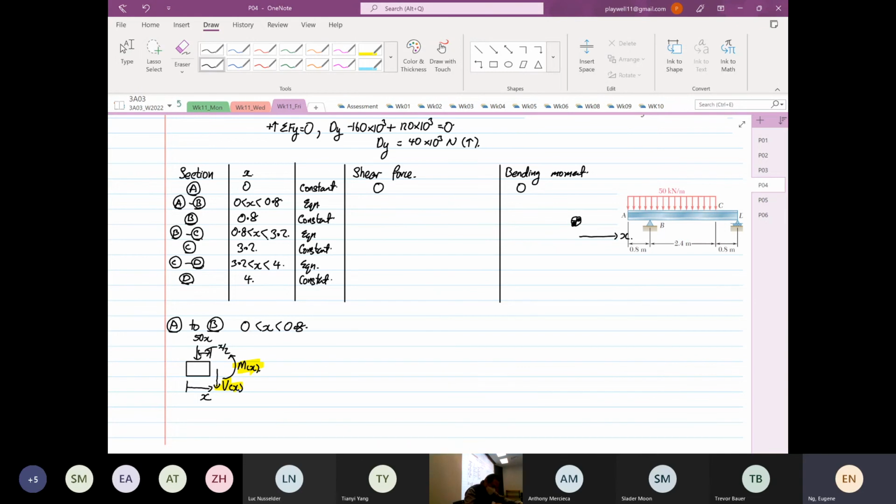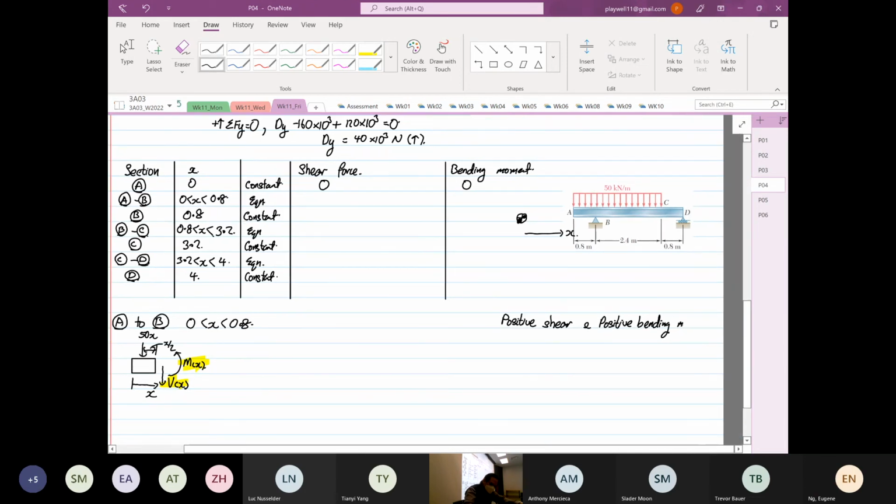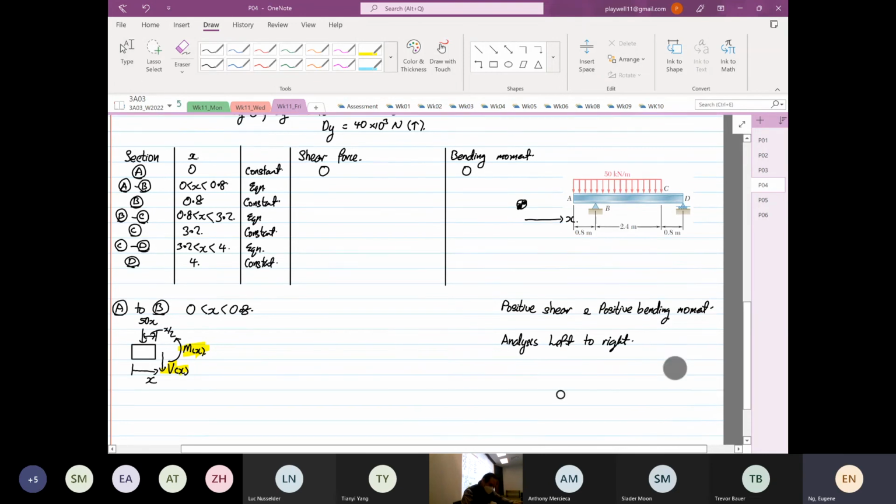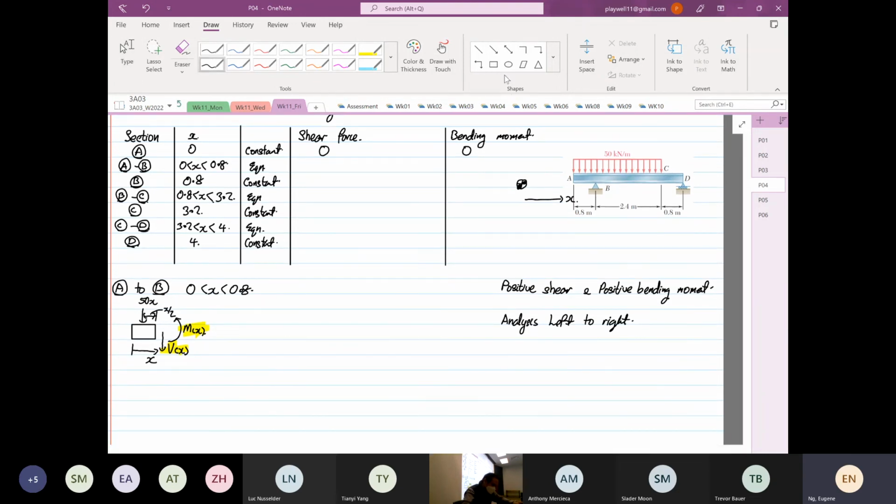This is because we make the assumption of positive shear and positive bending moment. What do I mean by that? If your analysis is from left to right, like what I did earlier in the shaft, can you remember that?